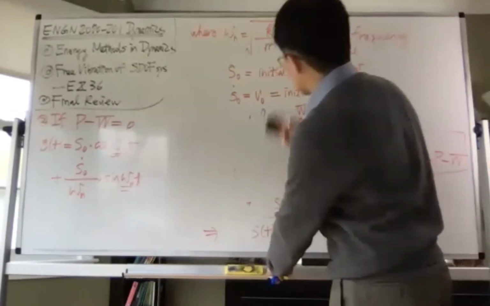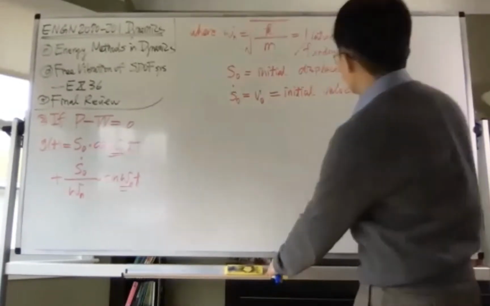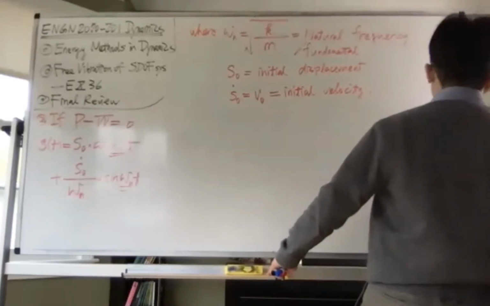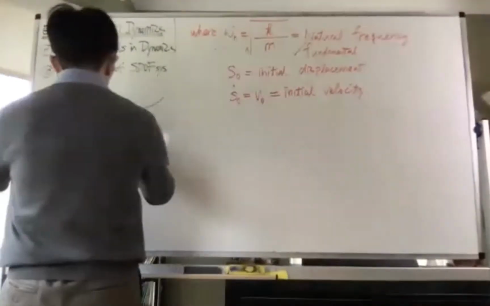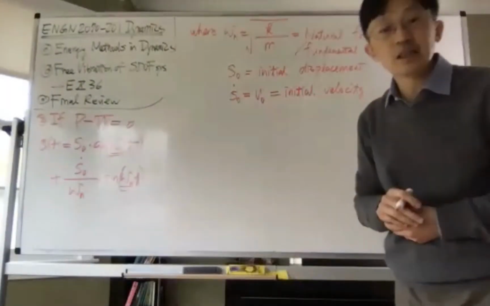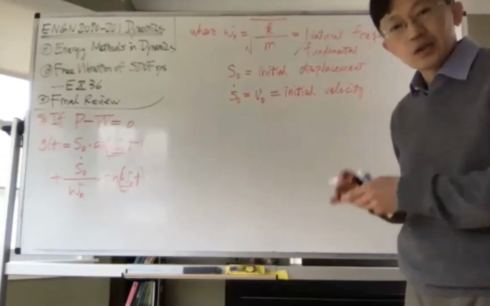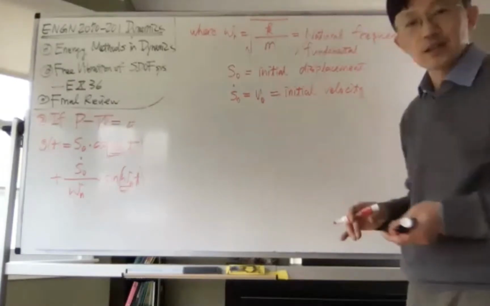And what else do we need to know? What about t? t is time. Of course, just be careful that this is the whole thing. It's not cosine omega n times t, but it's a cosine of omega n times t.